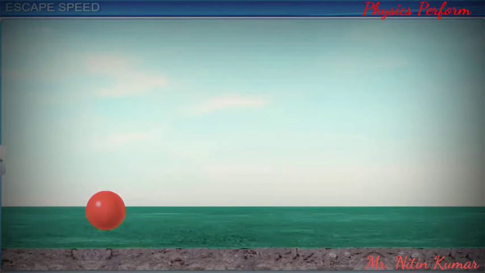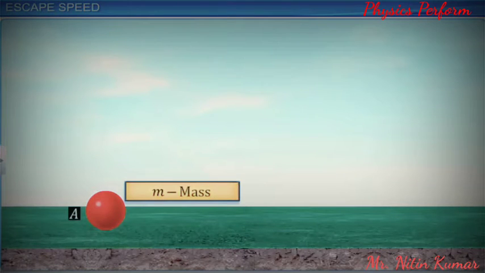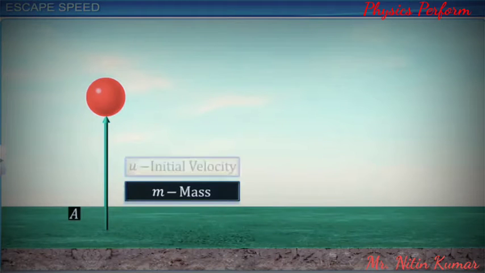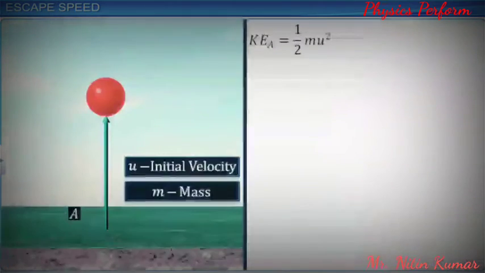Let's answer the question with the same example. Consider a position A on the surface of the Earth, from where the body of mass m is projected vertically upwards with velocity u. Then, its kinetic energy at the surface of the Earth is given by half mu square.